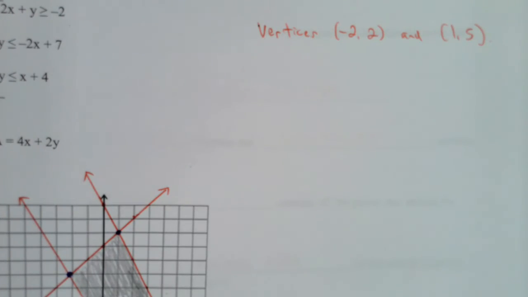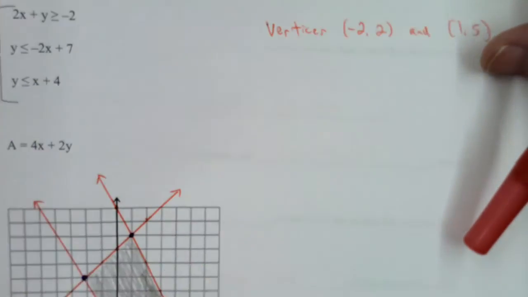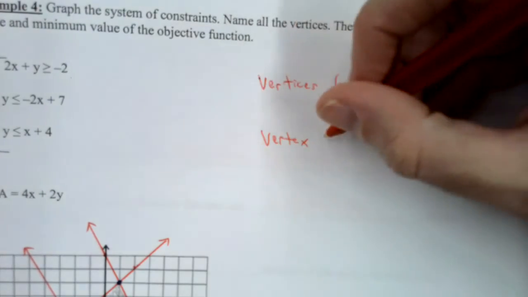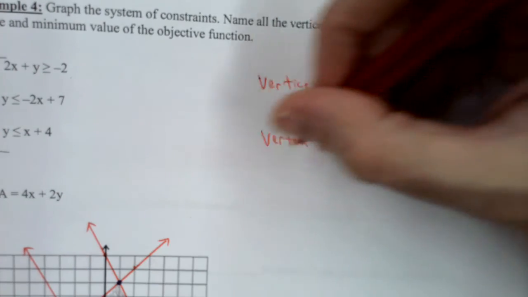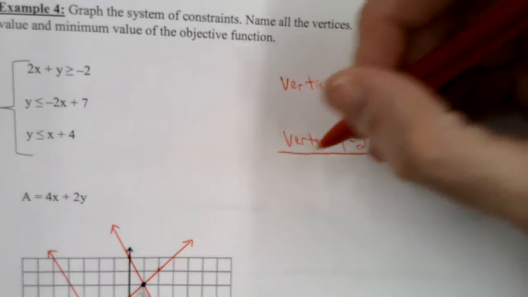The feasible region is unbounded. It appears that there is no minimum value. So we're going to test each vertex. Let's test vertex -2, 2 in our objective function of a equals 4x plus 2y.